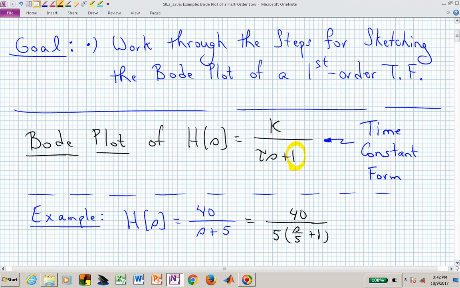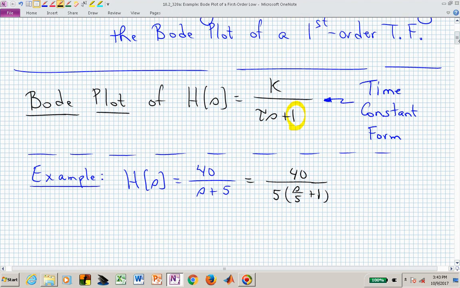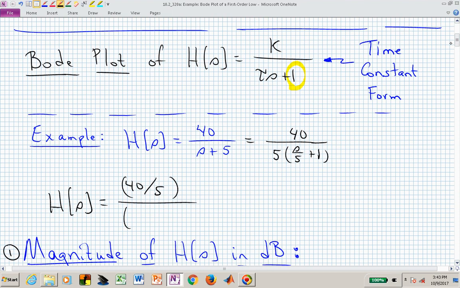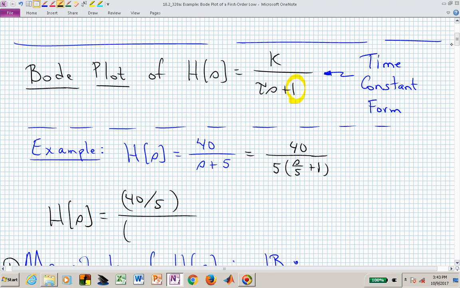We keep 40 up there, but now we can manipulate this so that H(s) is, if we move the 5 from the downstairs to the upstairs, if that makes any sense, we now have 40 over 5. And let's go ahead and separate that s over 5 into two pieces and say that we now have 1/5 s plus 1.